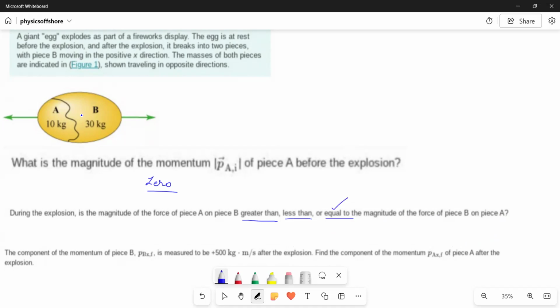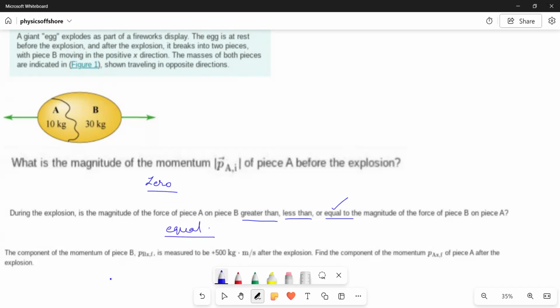Okay. Because these two forces are action-reaction forces. According to Newton's third law, action-reaction forces are equal in magnitude but opposite in direction. Whatever the force piece A applies on piece B, the same amount of force piece B applies on piece A. Therefore, they are equal.